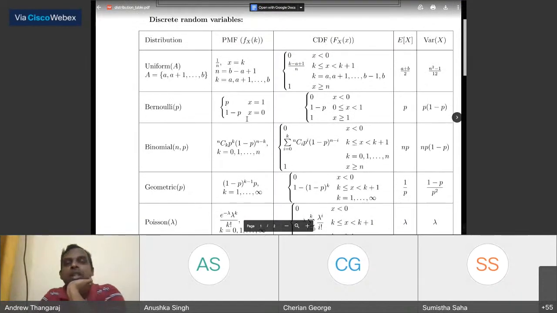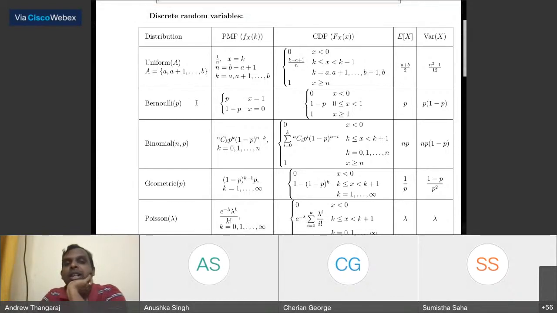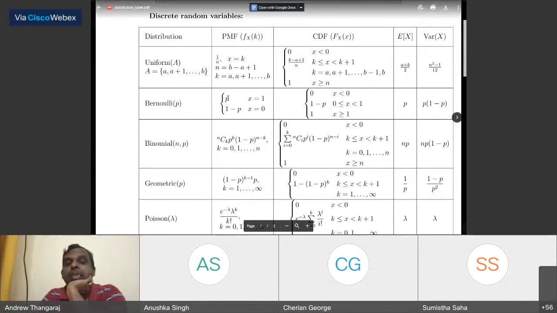So if you have a discrete uniform distribution between a and b, a, a plus 1, and so on till b, the expected value is (a plus b) by 2. Notice the similarity or difference between the continuous and the discrete distribution. The discrete distribution is very different from the continuous distribution. This is just a set of discrete values.